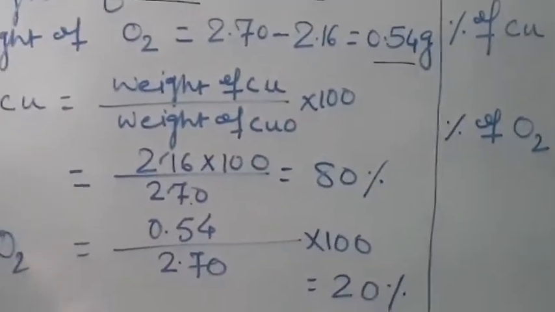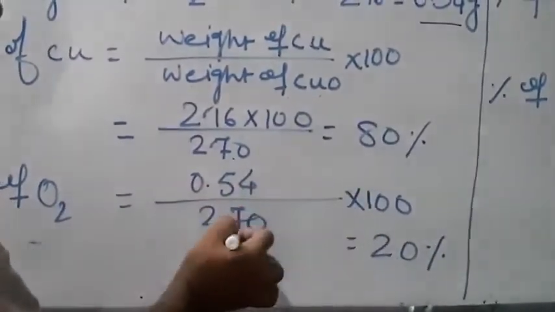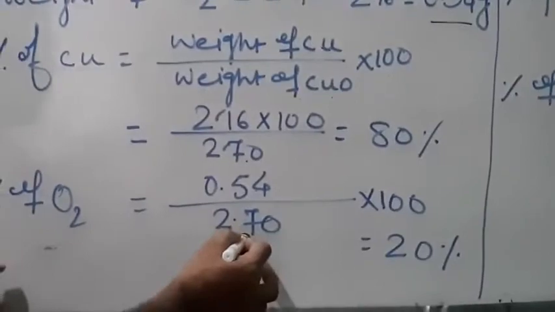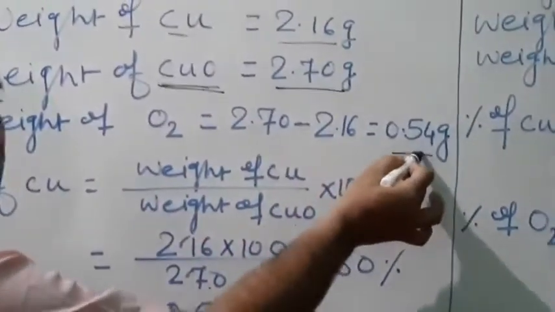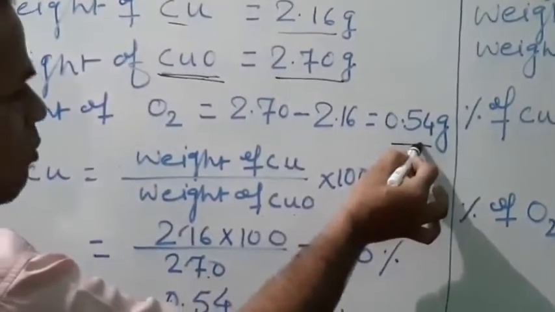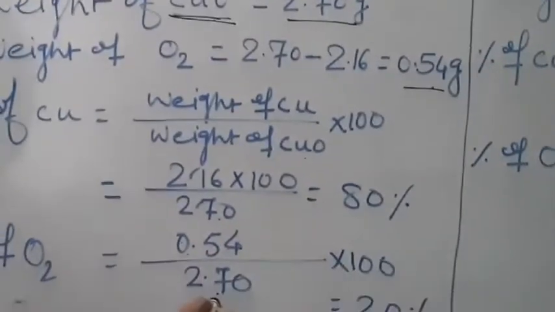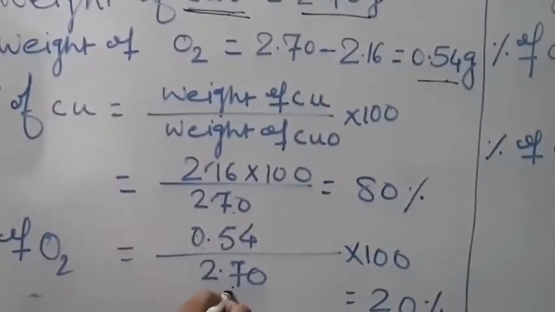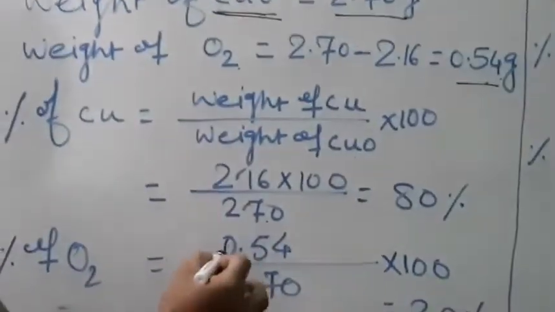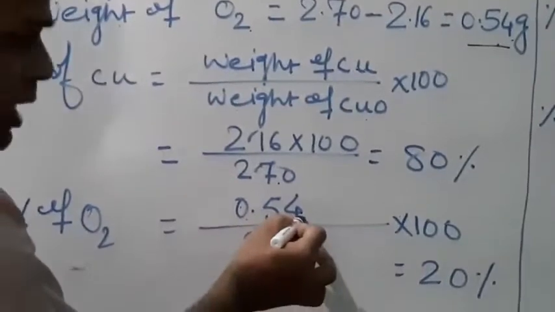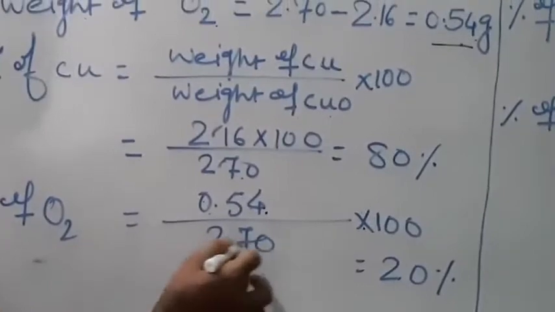Now percentage of oxygen is again weight of oxygen into 100 divided by weight of copper oxide. We have the mass of oxygen 0.54, so 0.54 into 100 divided by weight of copper oxide 2.70.